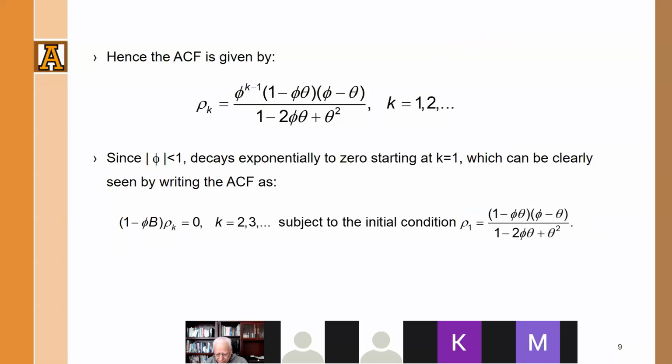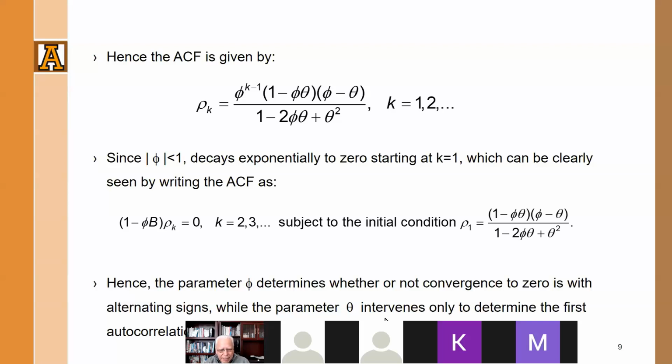So in an ARMA 1,1, once we compute the first autocorrelation, the rest are given by the autoregressive equation for the model, and are determined by phi, which is the only parameter in the autoregressive polynomial.